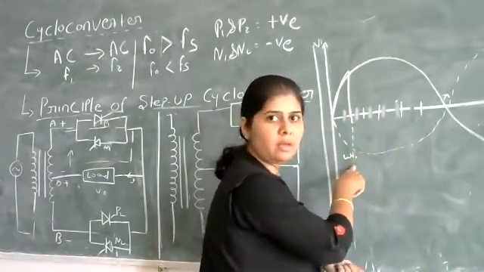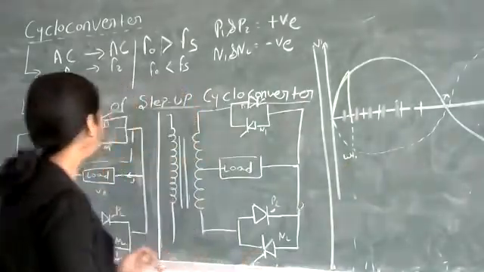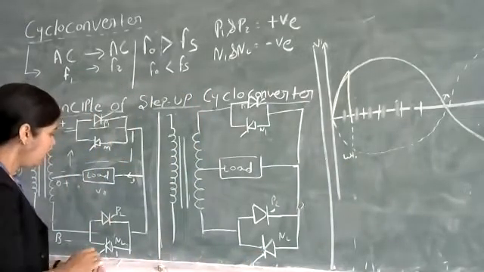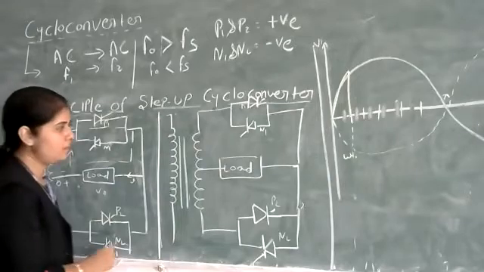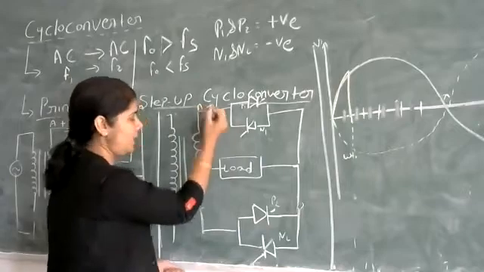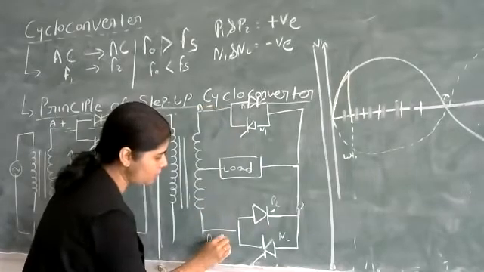After that duration, we trigger thyristor N2. When N2 is triggered, the polarity changes, so point A is now negative and point B is positive.